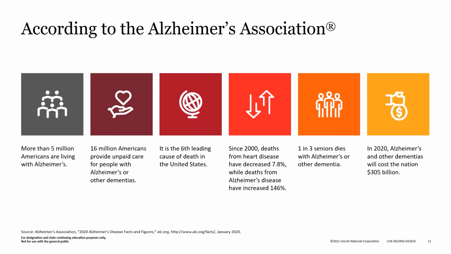So 1 in 3 seniors currently dies with Alzheimer's or another form of dementia. And finally, in 2020, Alzheimer's and other forms of dementia cost the nation about $305 billion.